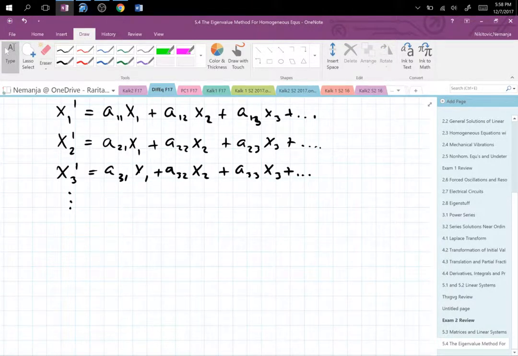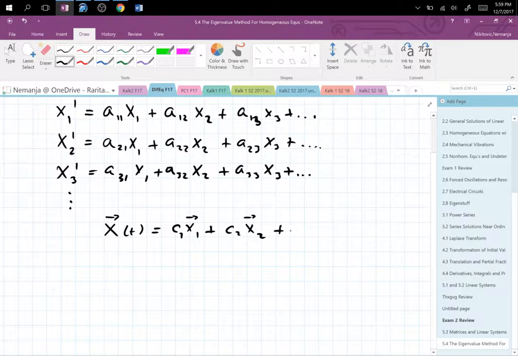Now I can create, as we have seen before, the matrix of entries for this. Now we have the independent solutions for this. So the vector x of t will be constant c1 x1 plus, and this is a vector, c2 x2 plus c3 x3 plus dot dot dot, which is by the superposition.